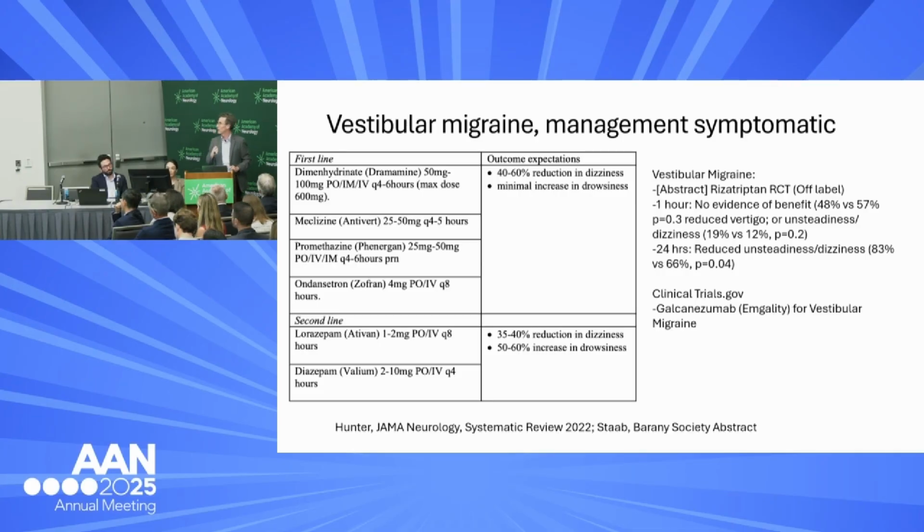There has been a clinical trial of rizatriptan in vestibular migraine that is still only published in abstract form. We're still waiting for the full analysis. I'm not sure why it's not out yet, but it was a study where they measured many different outcomes, and most of the ones that were specific to dizziness did not show a significant difference in the time periods that were measured acutely, like 1 hour, but they did find a reduction in symptoms of unsteadiness or dizziness at 24 hours, the difference being 80 or so percent versus about 70% in the control group.